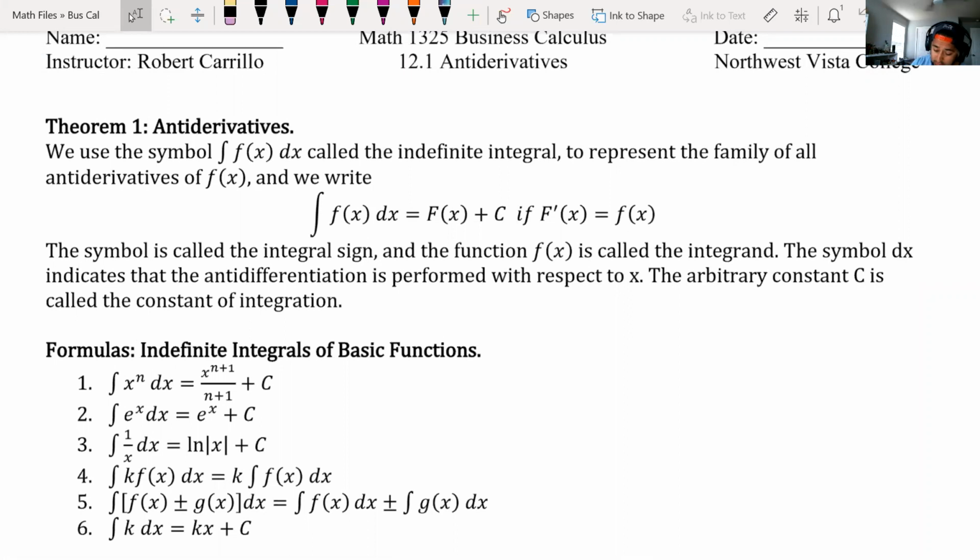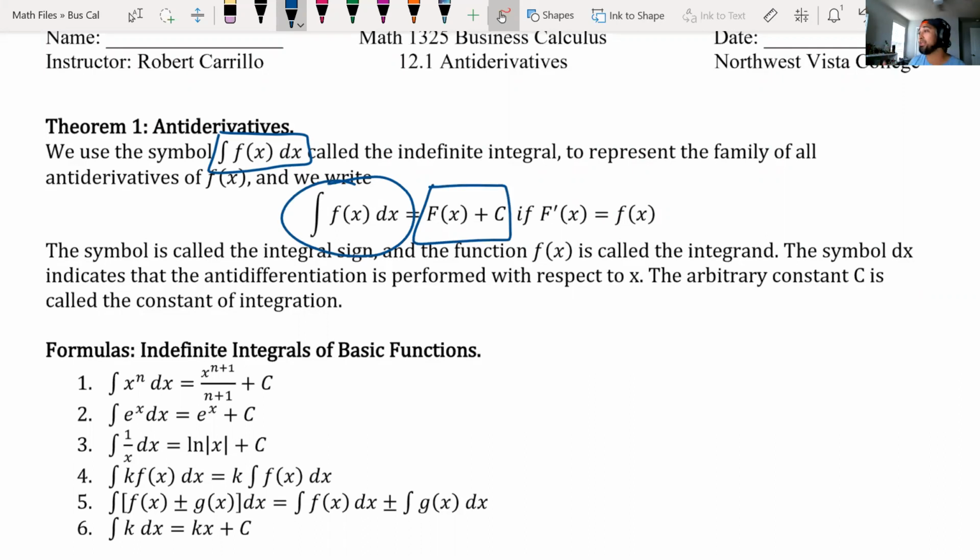So if you see this symbol, we say that is called the integral of f of x dx. That means we are going to find the antiderivative of f of x with respect to x. So when you do the integral of f of x dx, we end up with the antiderivative, capital F of x plus c.